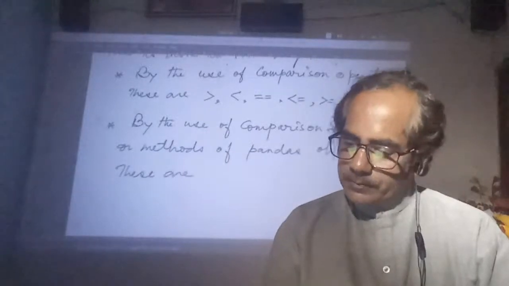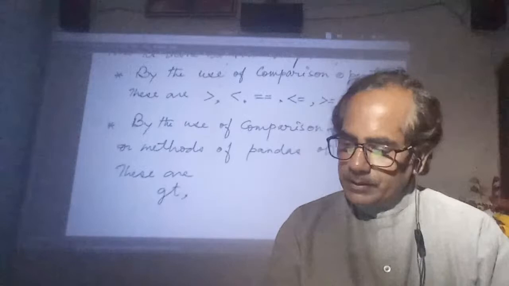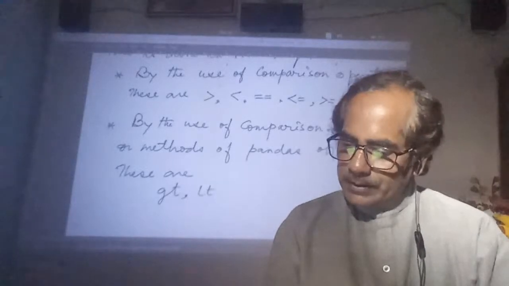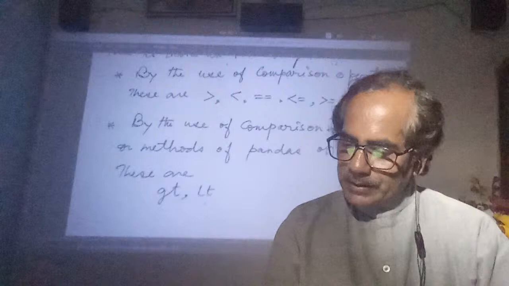These are GT, LT, EQ, LE for less than and equal to, GE greater than or equal to, and maybe NE for not equal to.